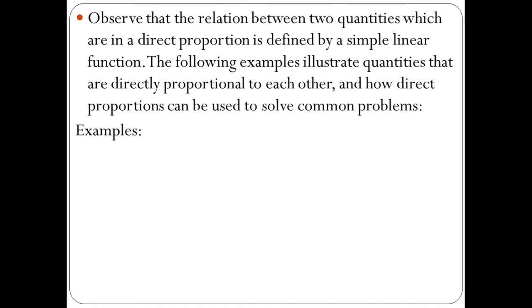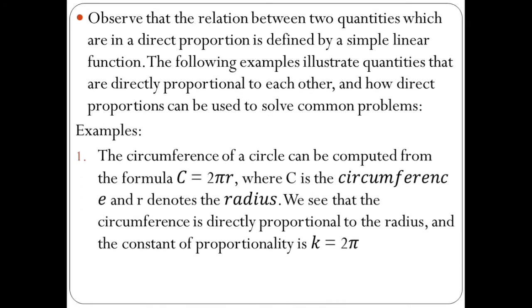Example number 1. The circumference of a circle can be computed from the formula C equals 2 pi r, where C is the circumference and r denotes the radius.